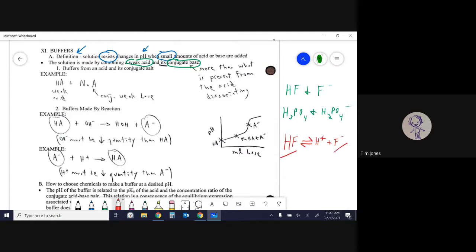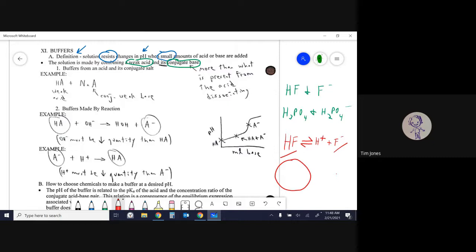Well, you do, but you don't have a significant amount of F minus. You have this much HF and you have that much F minus, and that's not enough to consider it a buffer. In order to be a buffer, you have to have a significant amount of both HF and F minus. And that's why the HF alone is not a buffer. And likewise, F minus alone is not a buffer.